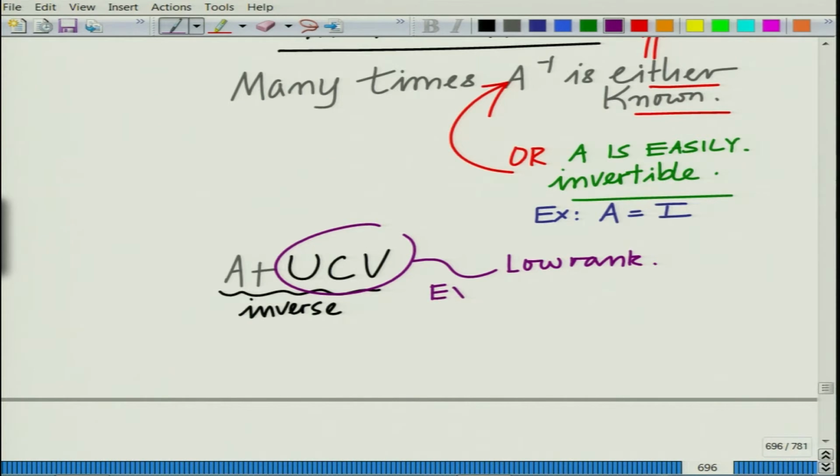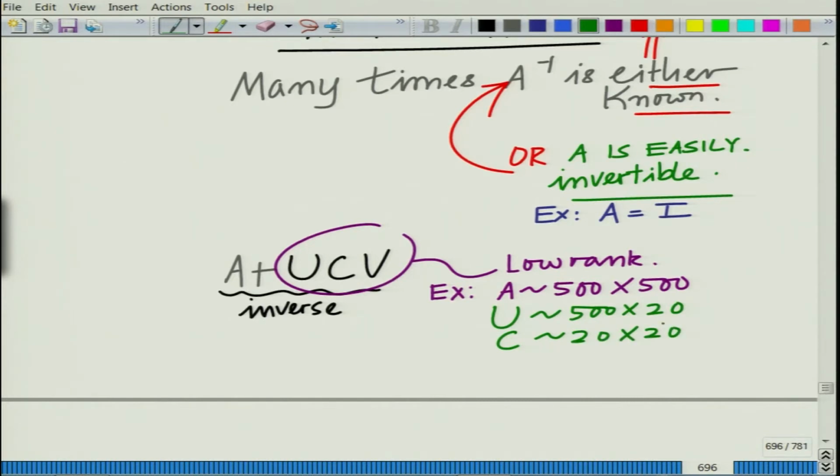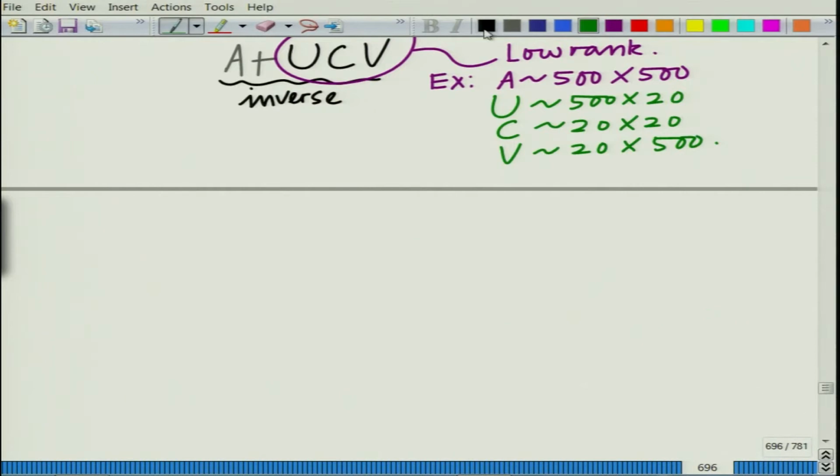Let us say A is of size 500 cross 500, U is of size 500 cross 20, and such large matrices arise very frequently. C is of size 20 cross 20 and V is of size 20 cross 500.